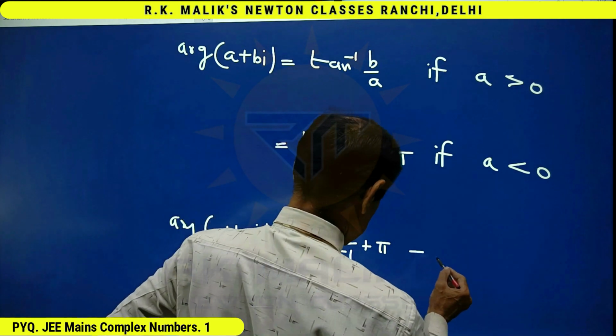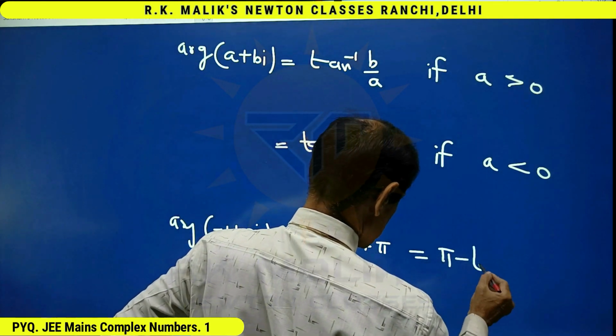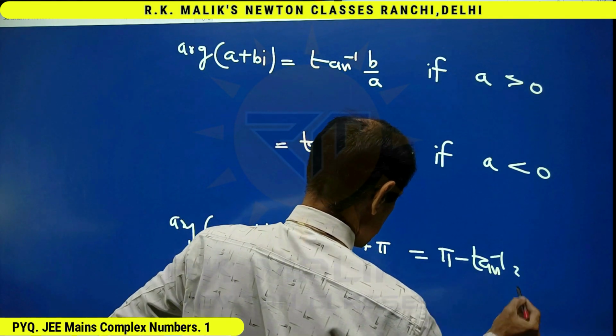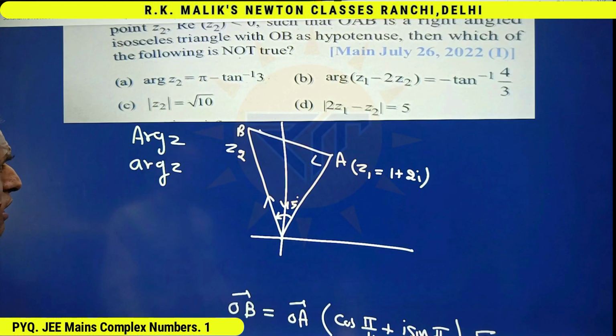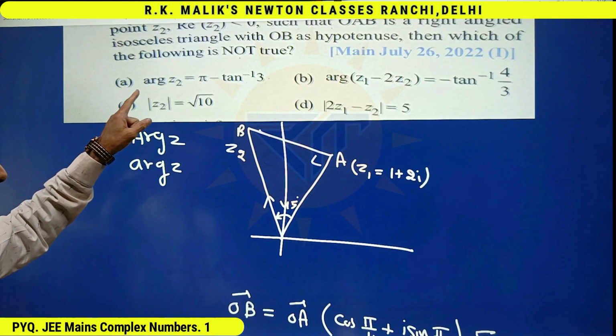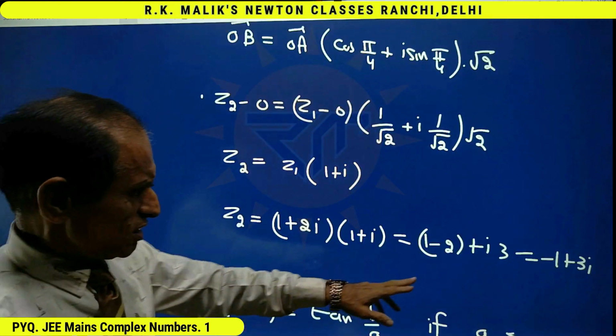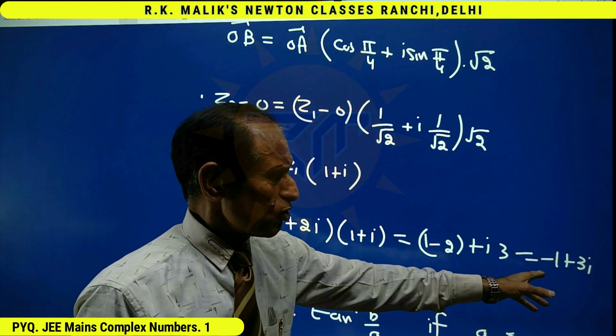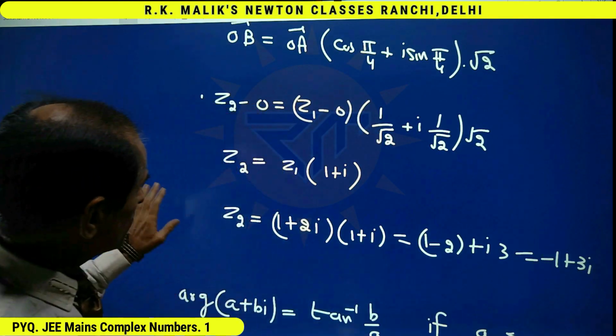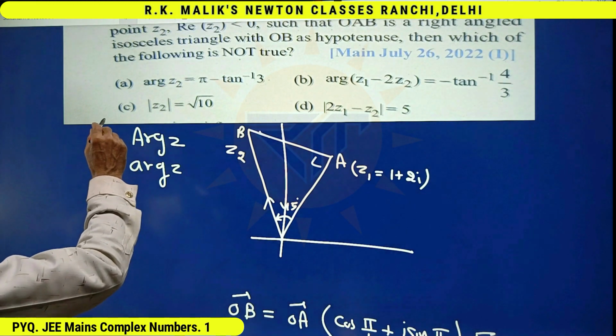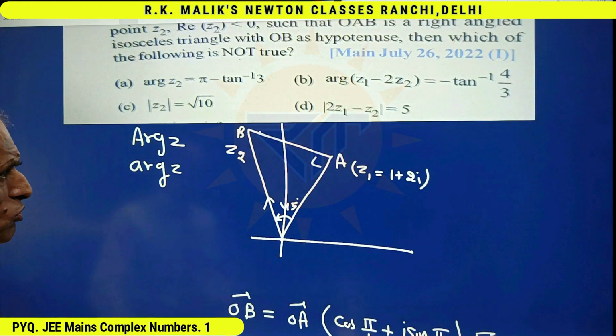That is, I get pi minus tan inverse 3. Hence, the information in choice A is correct. The information of choice C can be checked very easily. It is clear that the modulus of this complex number is root 10. Hence, I can say information of choice C is also correct.